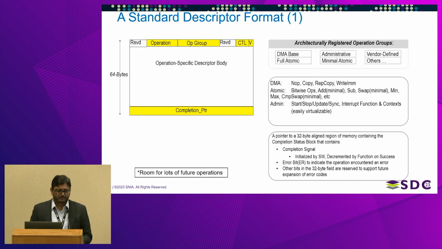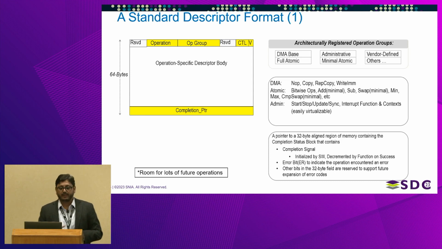And then there are also other control fields that we are looking at for the next version of the spec, like, can we have read specific barriers so that you can read only after the previous write completed. Operations are grouped into operation groups. Some of the operation groups I'm showing here are a DMA group, an atomic operation group, or a vendor-defined group, although there are not too many vendor-defined groups at the moment.